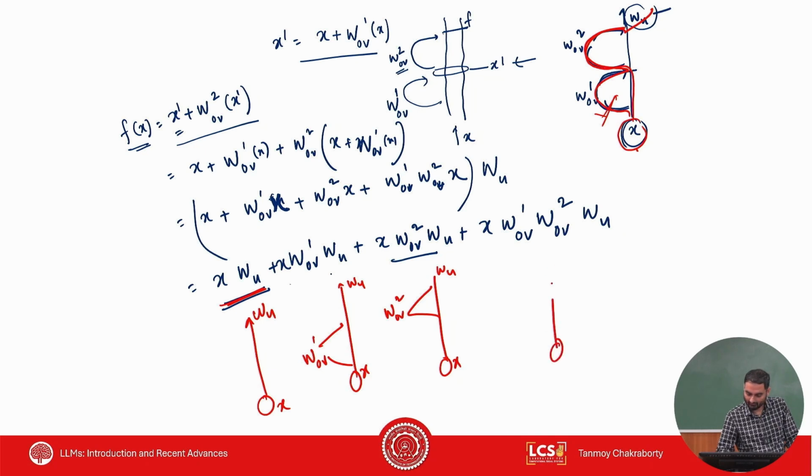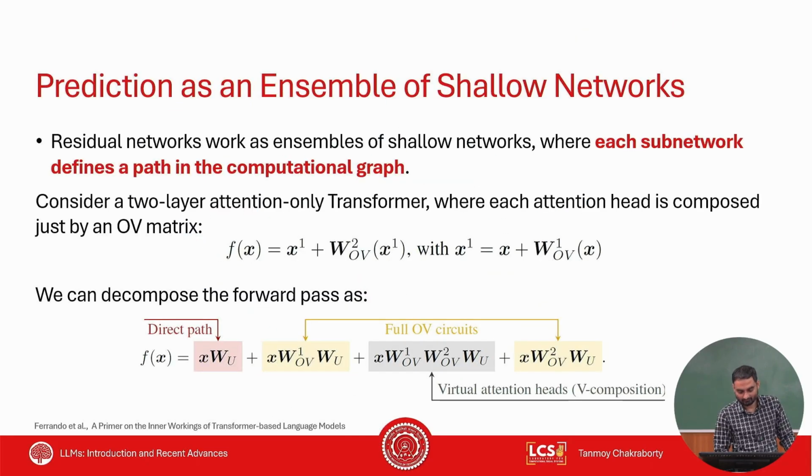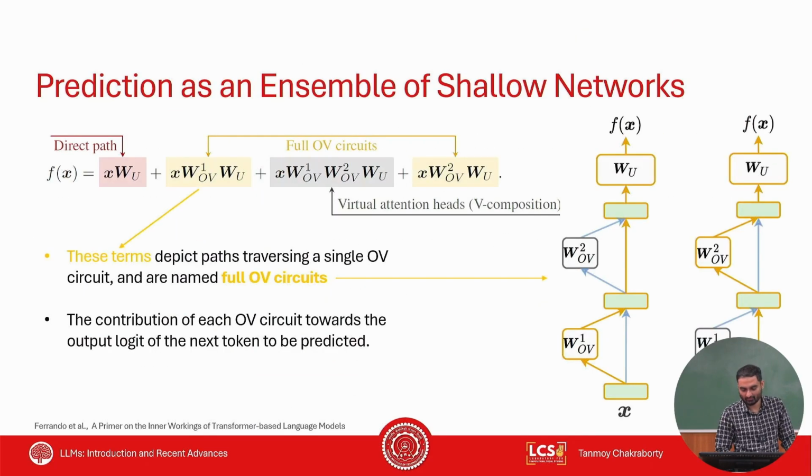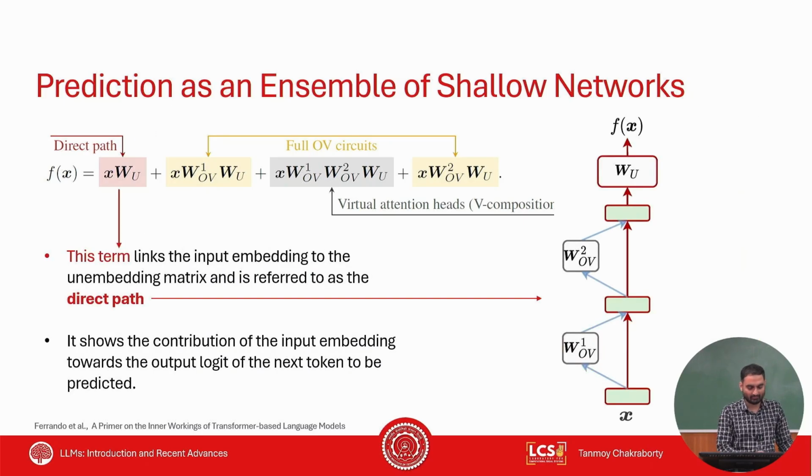For the fourth, X, WOV1, WOV2, WU. So these components have different names. The first component is X times WU, and this is called the direct path. From X, you have a direct path to the output through unembedding.